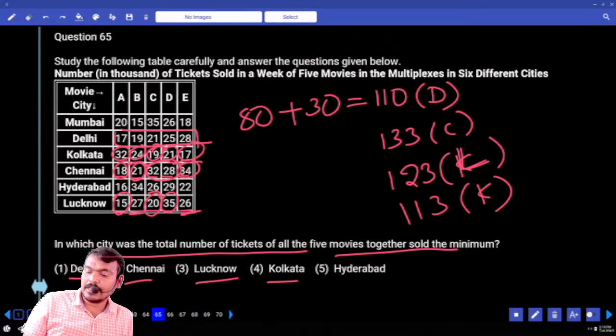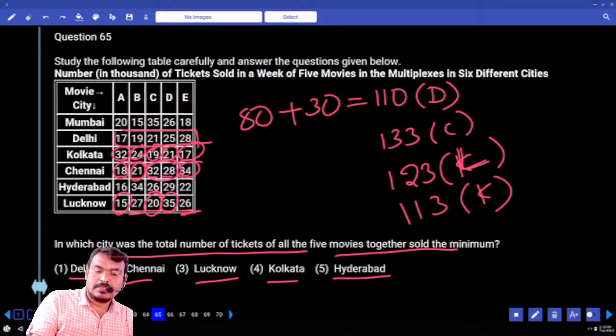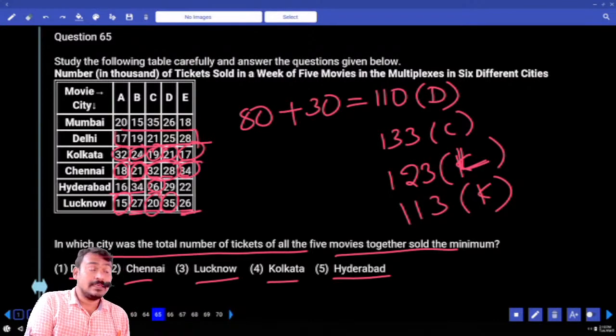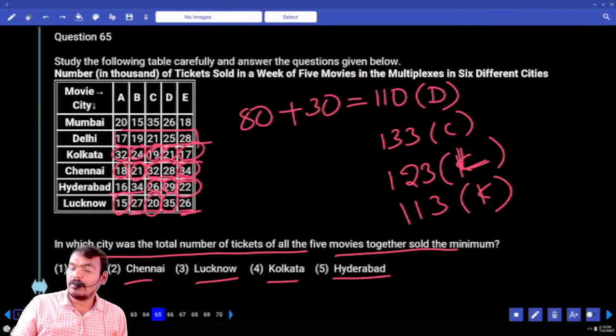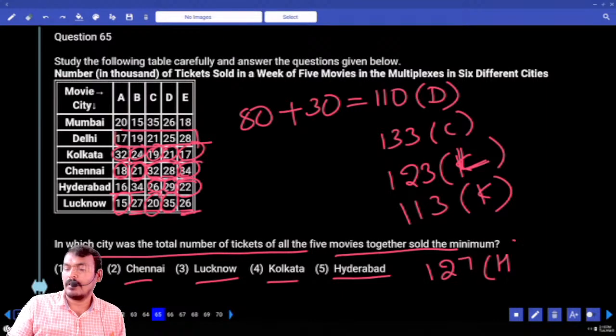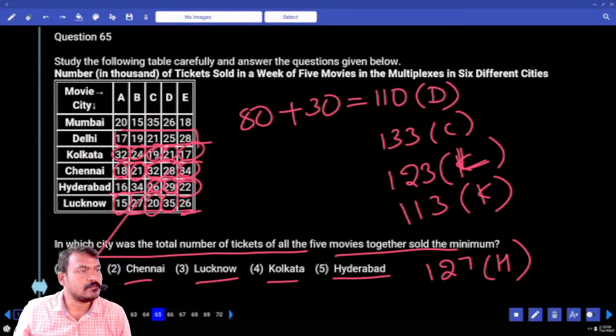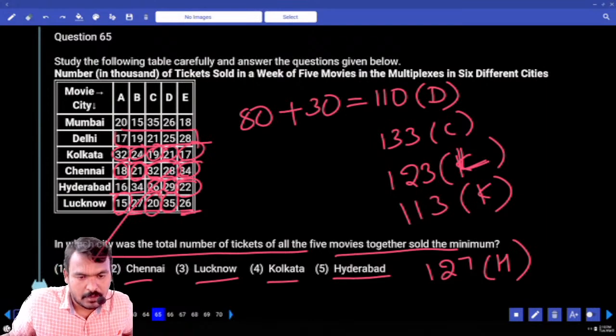Next and last one, Hyderabad: 16 plus 34, 50. 50 plus 26, 76. 76 plus 29, 105. 105 plus 22, 127. That 127 is Hyderabad. Which city is the minimum? Delhi.